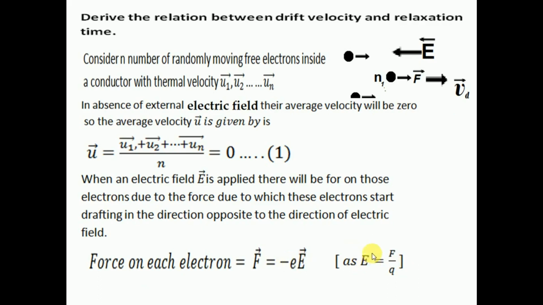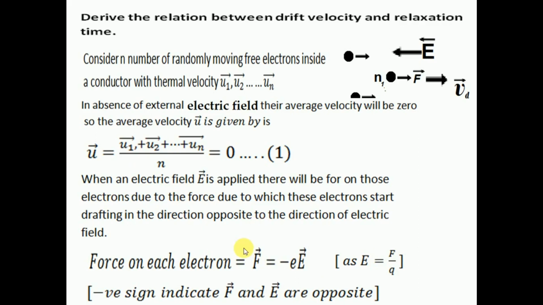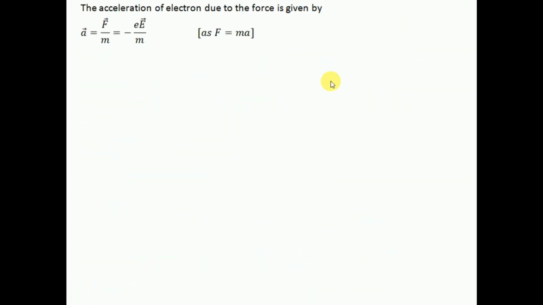As we know, electric field is force per charge, so force is electric field times charge, and for an electron the charge is -e. The minus sign indicates that the electric field and force are in opposite directions.